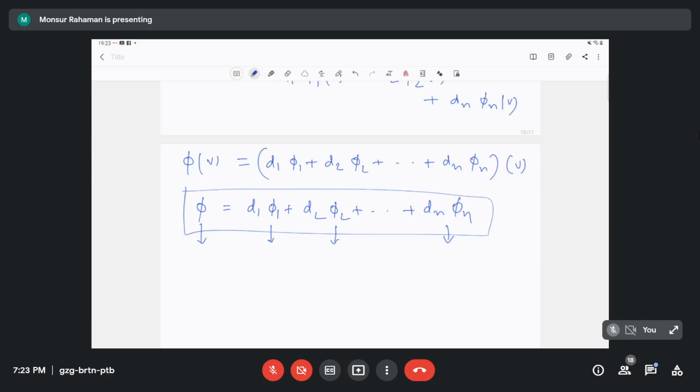So first we have proved that these vectors can express any functional. Okay, so if you can now prove that phi 1, phi 2, phi n are linearly independent, then you can prove that this is a basis.